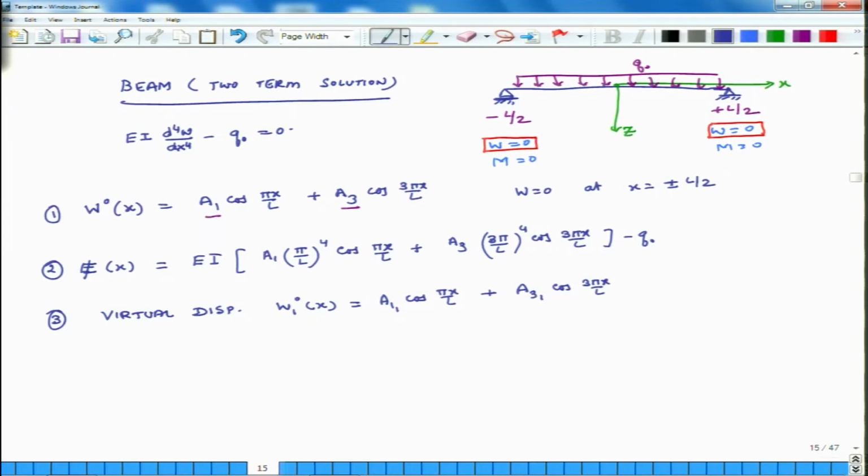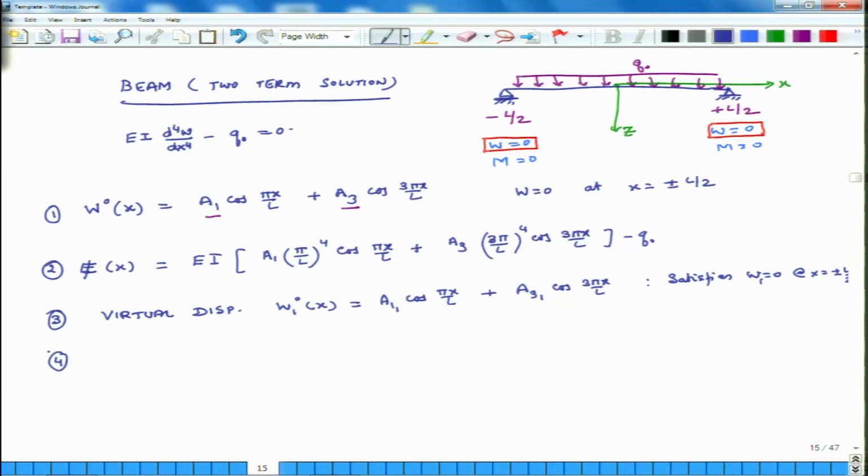We have to make sure that this virtual displacement field satisfies all the kinematic boundary conditions, because this function is same as the actual displacement field, it satisfies all the kinematic boundary conditions. So, it satisfies W is equal to 0 at x is equal to plus minus L over 2. So, that is there.